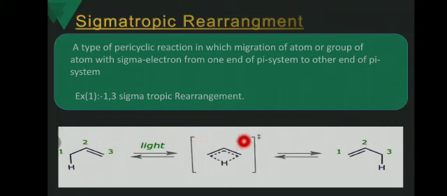The breaking and making of the bond take place simultaneously, so it is a concerted process, and a new sigma bond is formed on the third carbon atom.